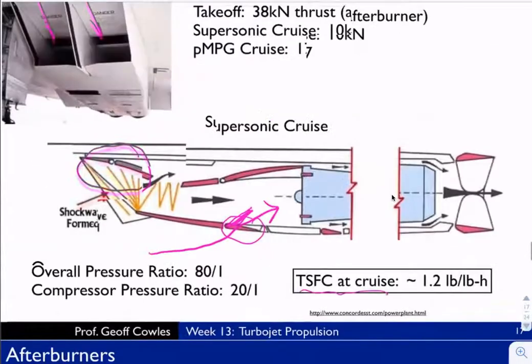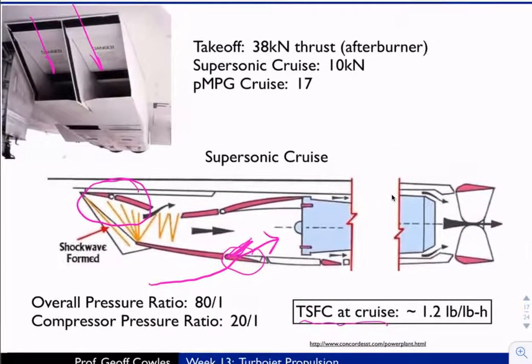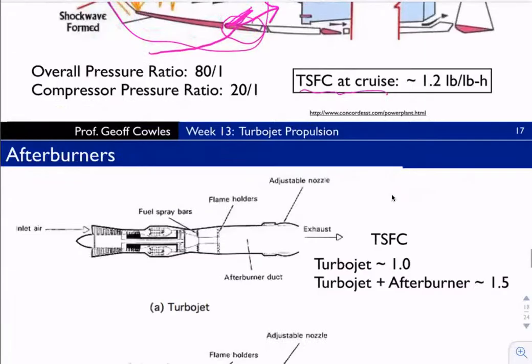These engines were made specifically for this vehicle, and they are radically complex because you already have a turbojet engine, but you have all this kind of monkey business in front to be able to manipulate the geometry as you transition from takeoff, max thrust, subsonic, to supersonic cruise or supercruise.